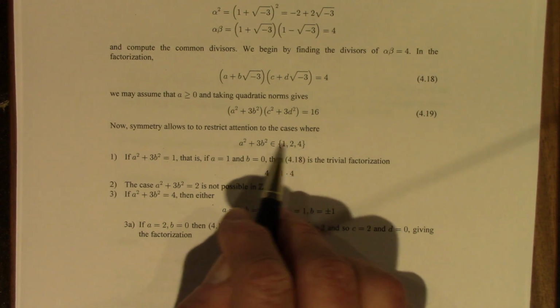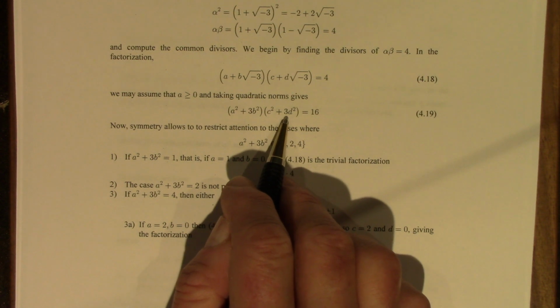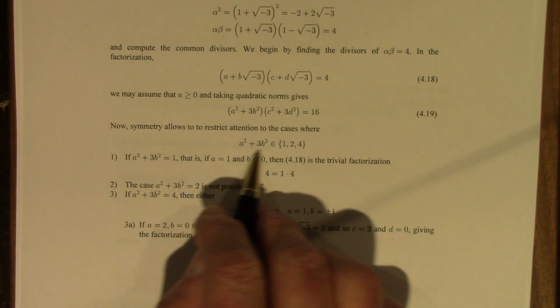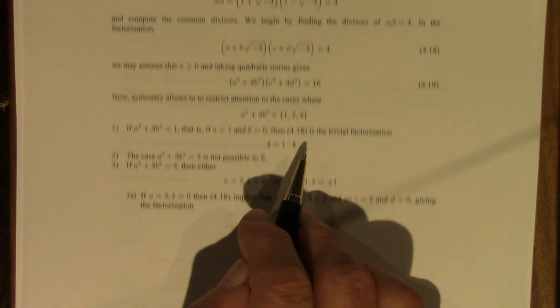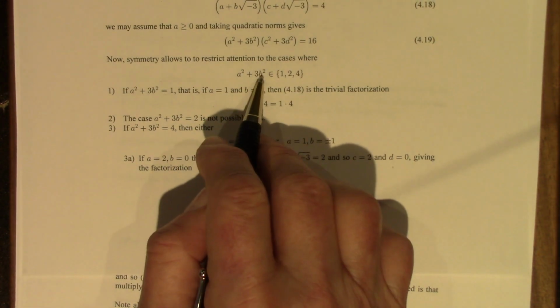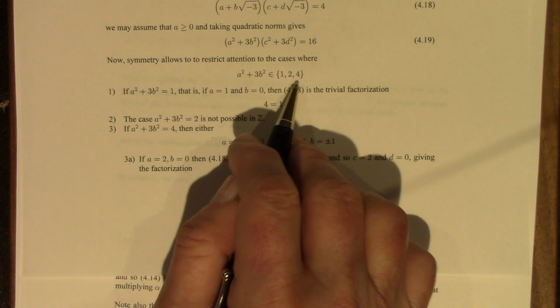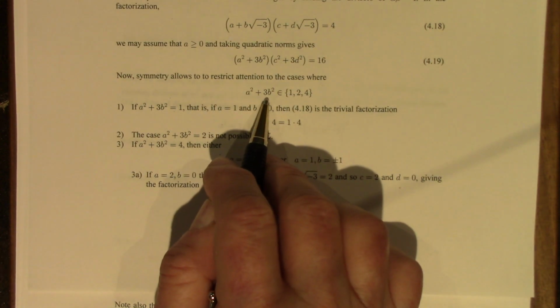For example, if this factor was 8, then the other factor would be 2, so we would be covering that case if we just restrict attention to these three possibilities. Another way to say that is we can assume one of the factors is 1, 2, or 4, and it doesn't matter which one, so it may as well be this one.